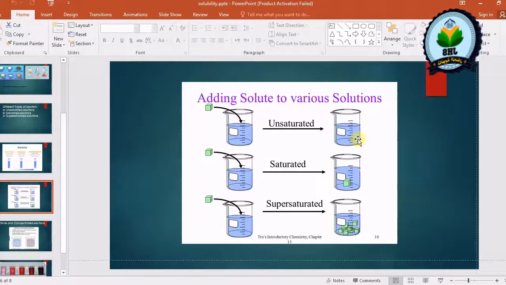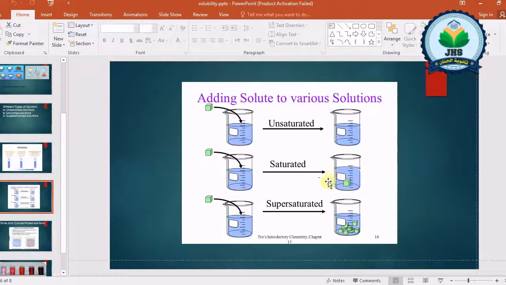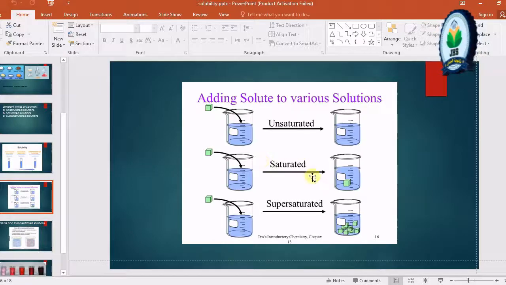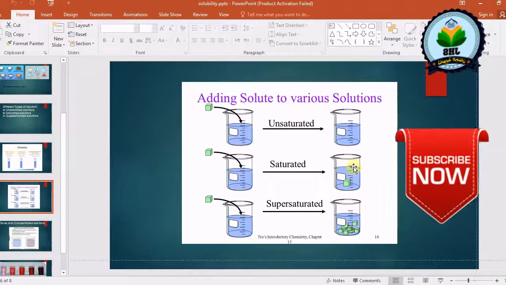It dissolves completely in the cup of tea. In the same cup of tea, I add, let's say, two amounts of sugar. It stays at the bottom of the cup. It becomes sweeter. So we call it saturated. At the last one, I added, let's say, 5 particles of sugar. It becomes sweetest. So we call it supersaturated.